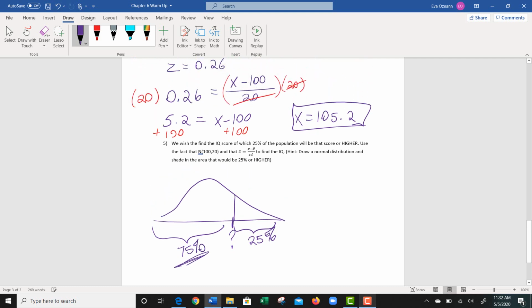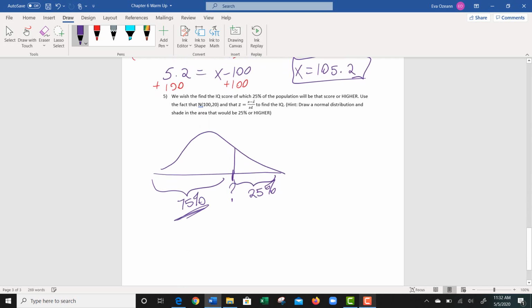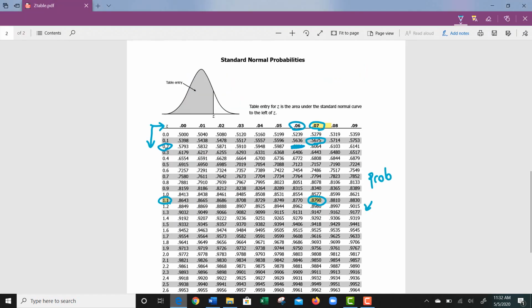So we're going to do the same thing we did in the example above, only we're going to be looking for that 75%. The reason is because our z-score table only gives us the area to the left, but not the area to the right. So let's see, if I find one that's close to 0.75 in the middle, I think this one looks pretty good. So that's going to be a z-score of 0.67.